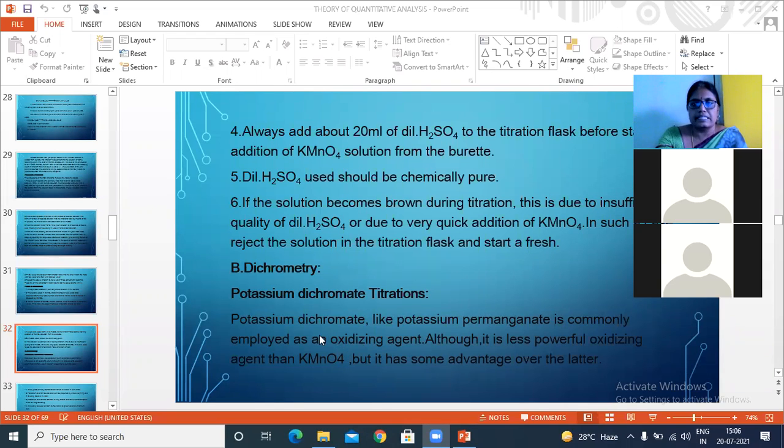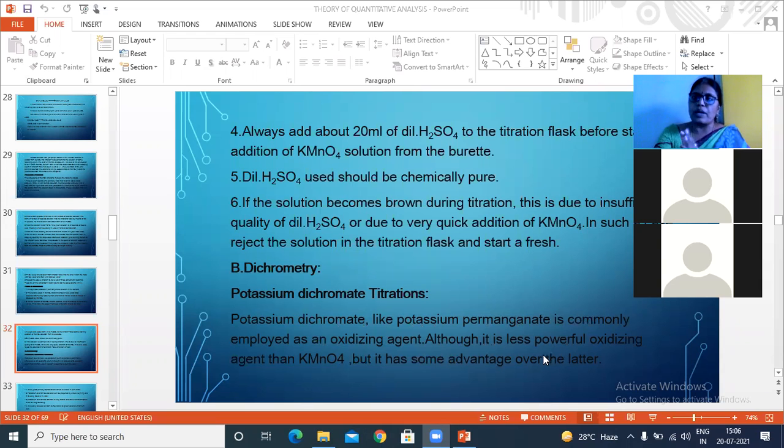Potassium dichromate, like potassium permanganate, is commonly employed as an oxidizing agent. Although it is a less powerful oxidizing agent than potassium permanganate, KMnO4, it has some advantages over the latter.